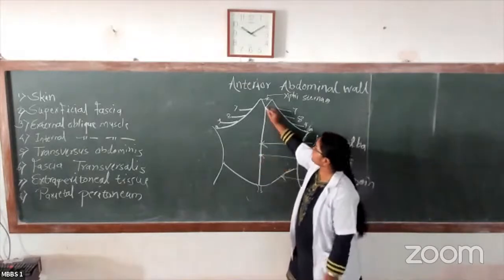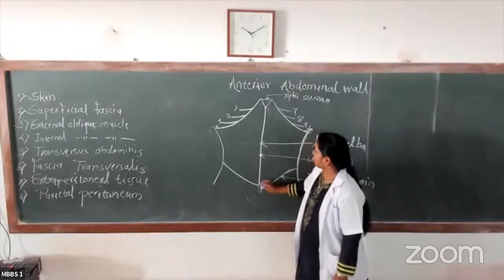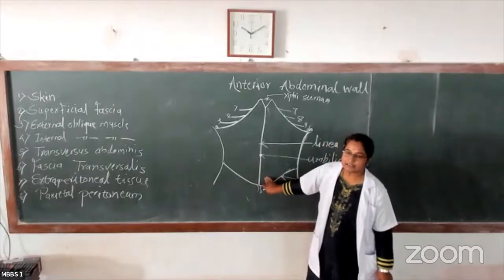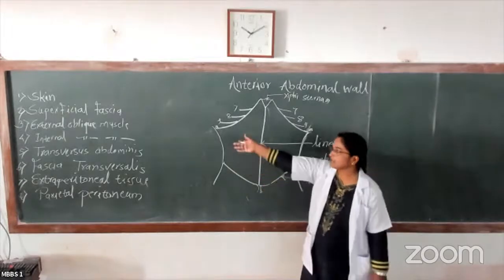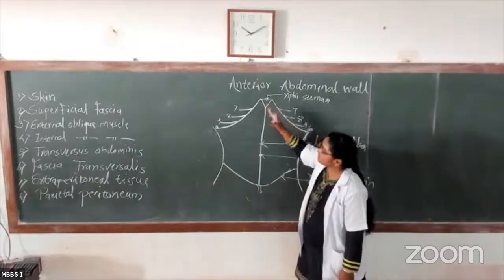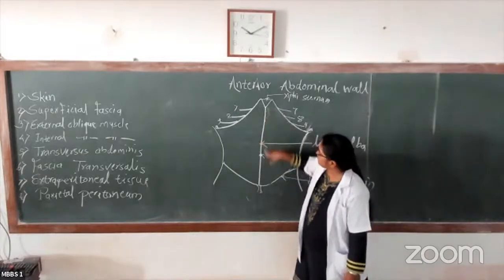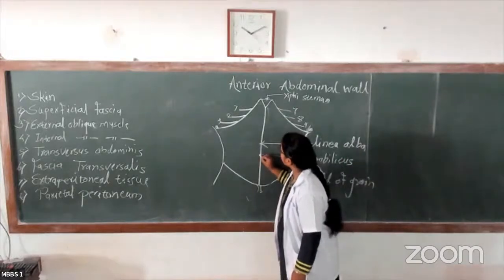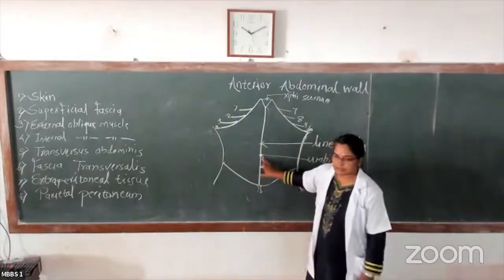Linea alba extends from the xiphoid process above to the pubic symphysis below, and it is a tendinous raphe. This linea alba is a tendinous raphe which is produced by the aponeurosis of these flat muscles. Due to the presence of this linea alba, there is one median groove, and in this anterior midline there is the umbilicus.